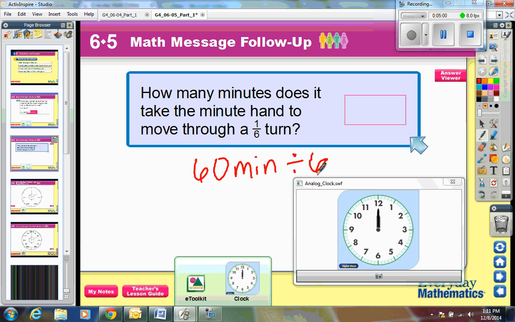So I'm dividing them into 6 groups. Well, hopefully we know that 6 goes into 60 10 times, so 1/6, one of those 6 groups, is 10 minutes. So how many minutes does it take the minute hand to move through 1/6 of a turn? Your answer would be 10 minutes.